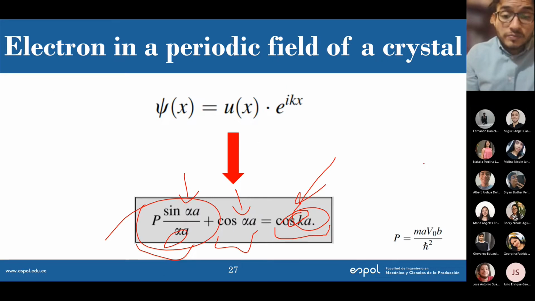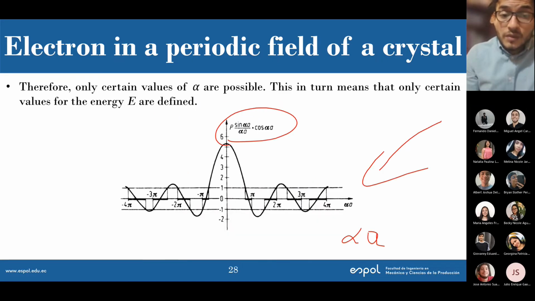You can plot it, and you can see that the function takes a certain shape, and this already gives me an indication that only certain values of energy can be obtained.